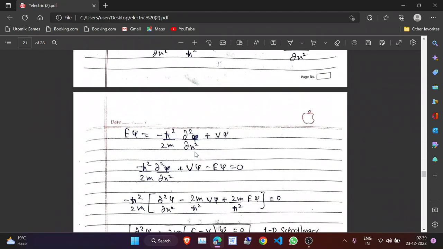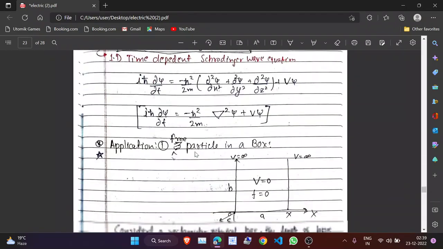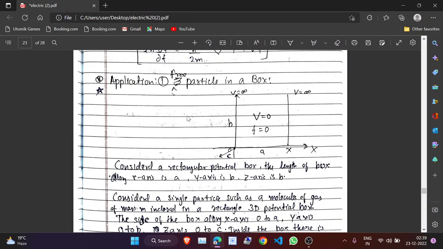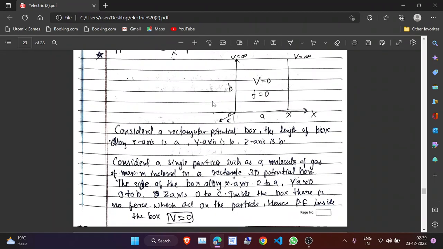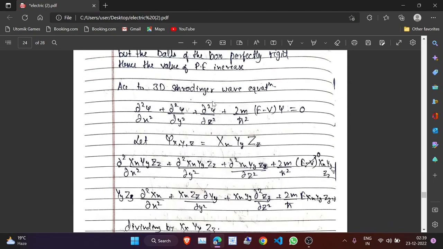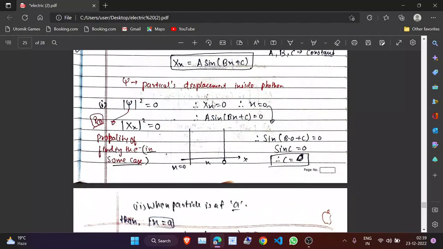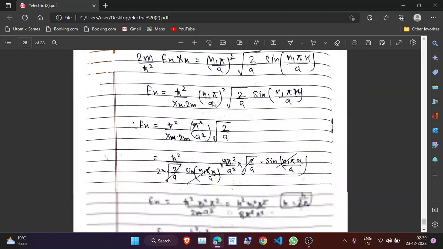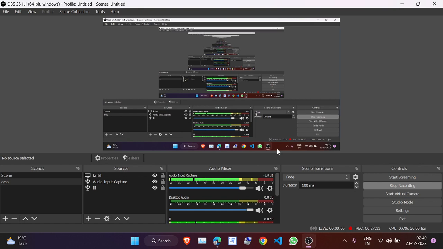It's quite overpowered, we can say that. And then we'll study the three particle system in a box, free particle system in a box. We will also derive the equation of it, and then we'll go through some normalization conditions, and then the chapter is over. Quantum mechanics is done.